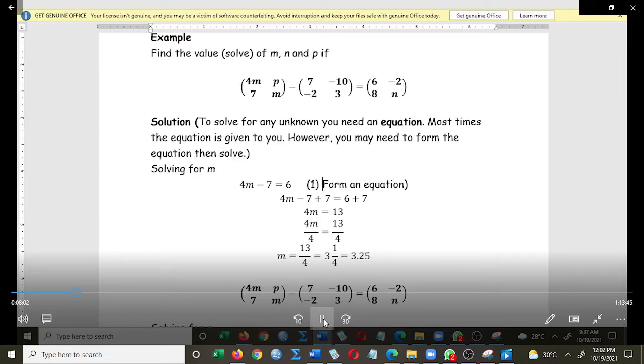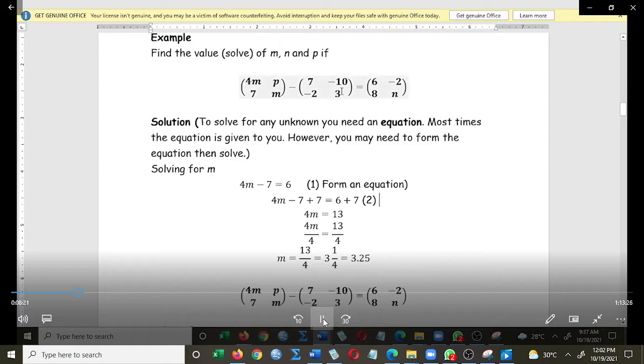So what do you think was done after? Just to recap, what was the first step again? You form the equation, sir. Yes, you have to use the information that is there and form the equation.